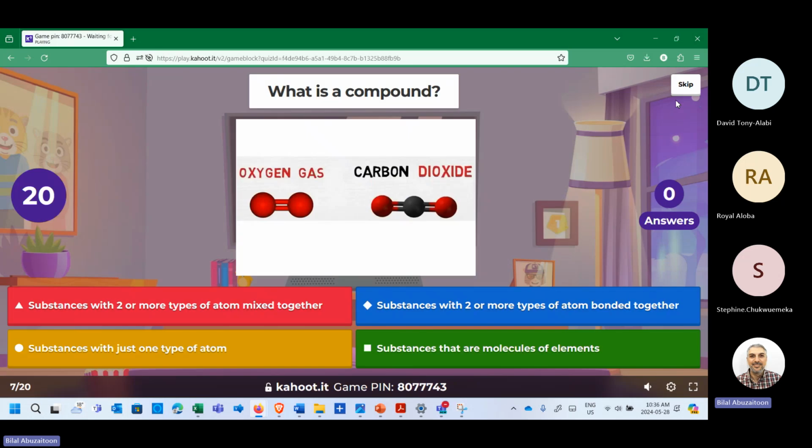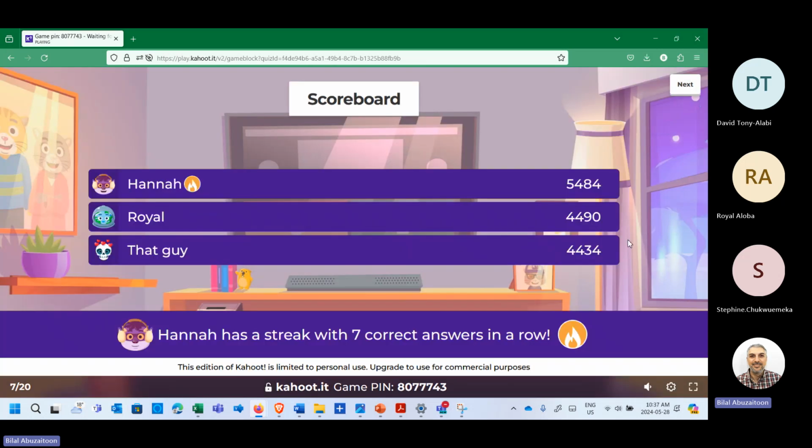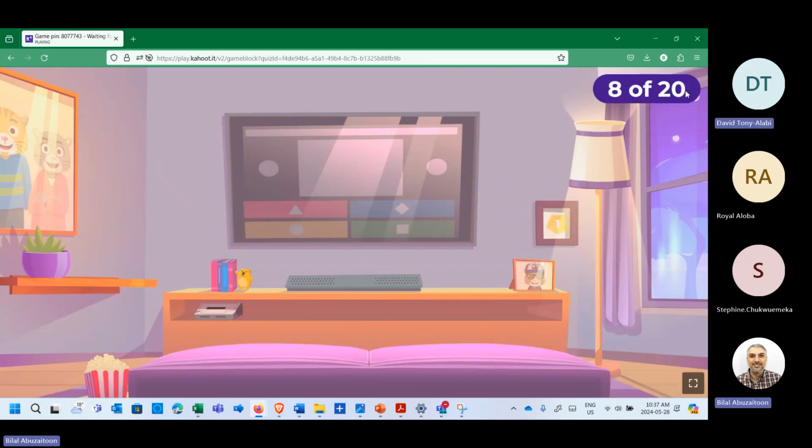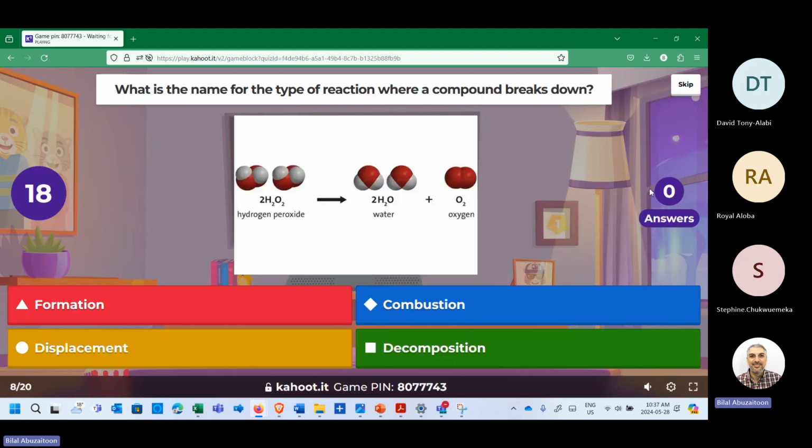What is a compound? Here mixed. This is wrong. It's not mixed. Bonded together. Oh, sir, I just keep on making mistakes. No, take it easy, okay? Don't rush. No rush.